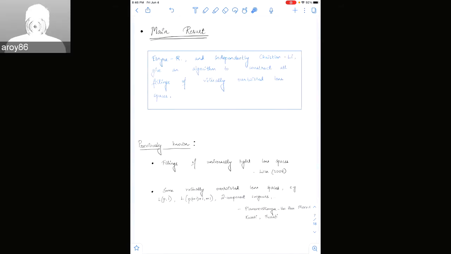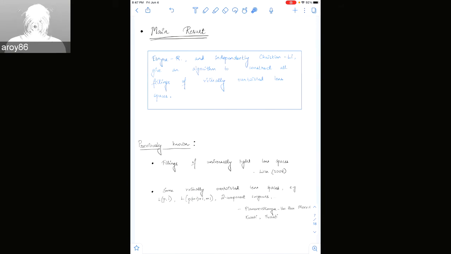So to put it in context, what was known earlier about fillings of lens spaces: all universally tight lens spaces had their fillings classified by Lisca around 2008, and fillings of certain classes of virtually over-twisted lens spaces, for example L(p,1), L(p,p-1), or the lens spaces obtained by surgeries on two-component chains, were understood by work of Plamenevskaya, Van Horn-Morris, Ohta, Ono, and more recently Eduardo Fossati.